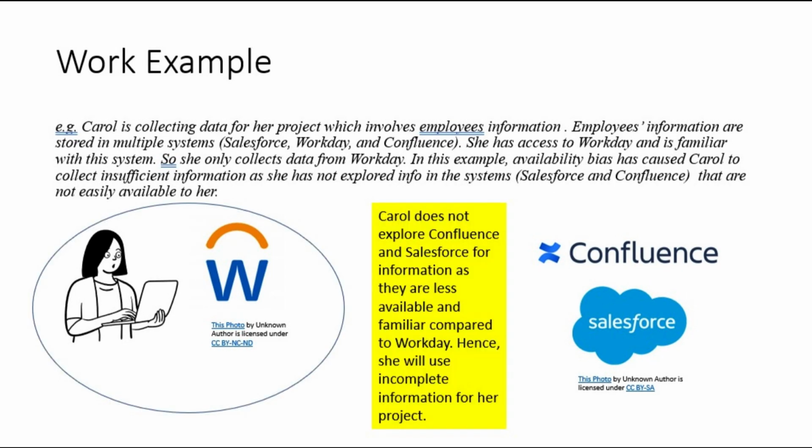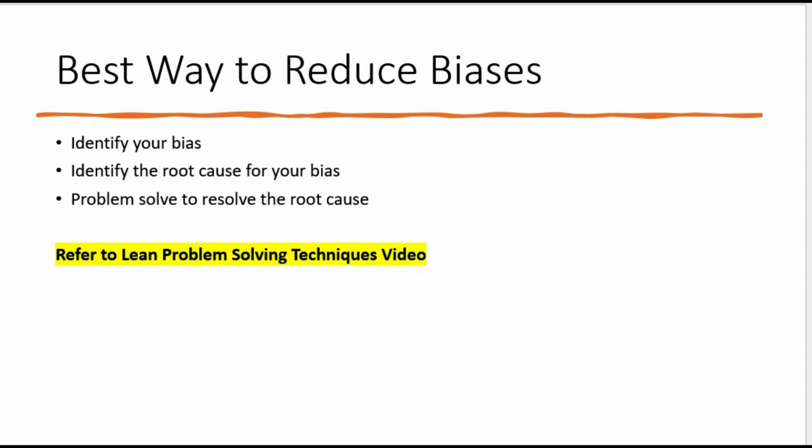In this example, availability bias has caused Carol to collect insufficient information as she has not expected or explored information in other systems. The result will be that Carol will be making decisions based on insufficient information in her project. So what is the best way to reduce biases, and not only availability bias, all biases?